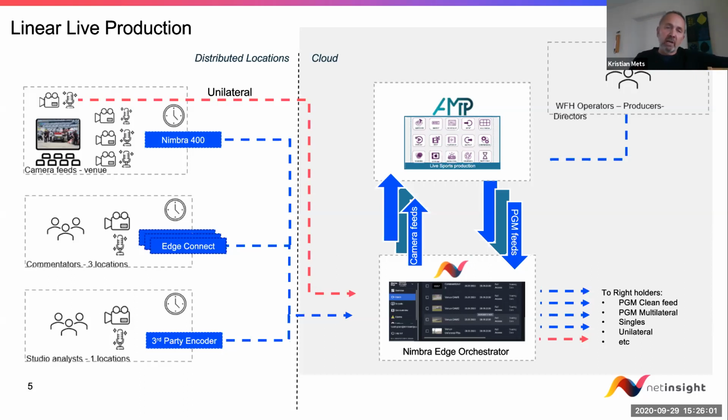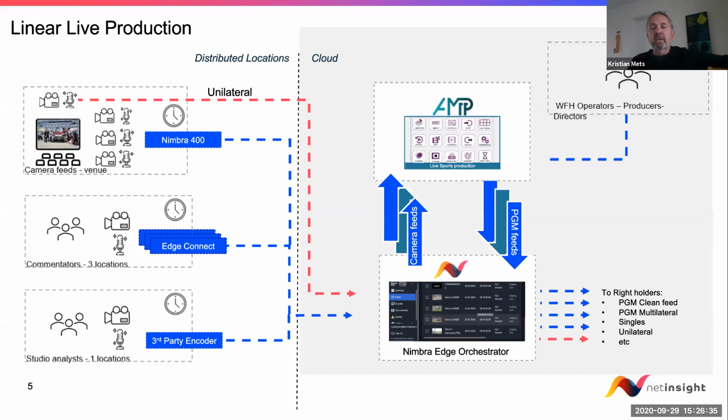We have also shown an alternative feed here, which is a unilateral feed, because maybe one of the rights holders has their own camera in the pit here. You will see it later, where they can manage a camera by themselves, which is basically given as a separate service totally through this system, even though the producing company using AMP wouldn't even see this or care about that feed.